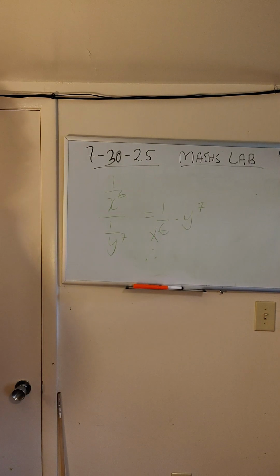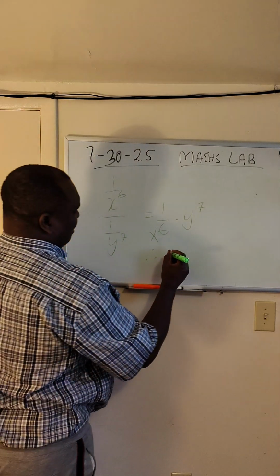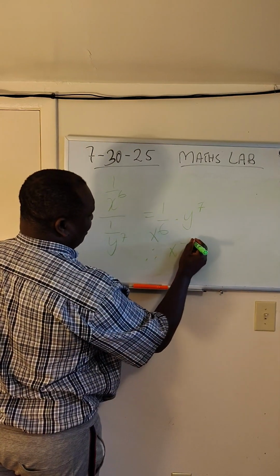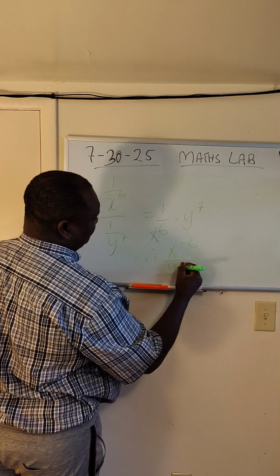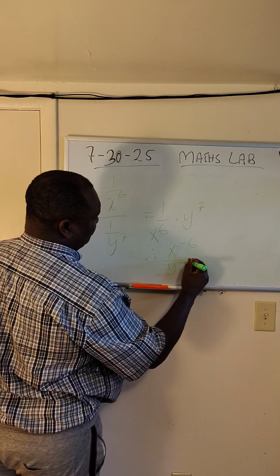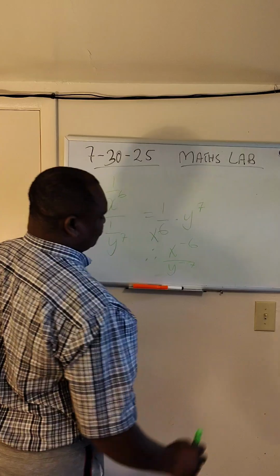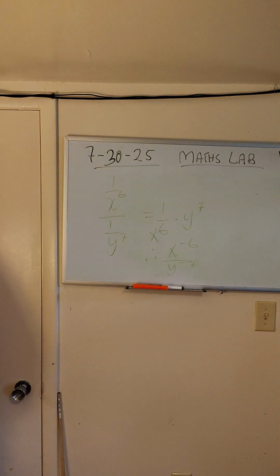Now this 6 becomes a negative because we are taking care of the division sign. So x raised to the power of negative 6 divided by y raised to the power of negative 7.